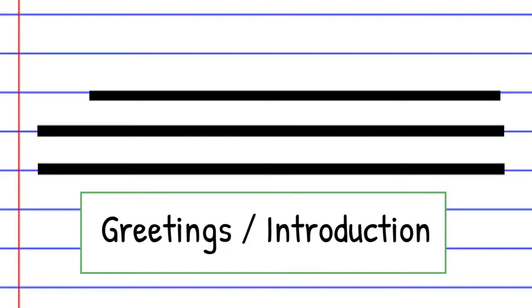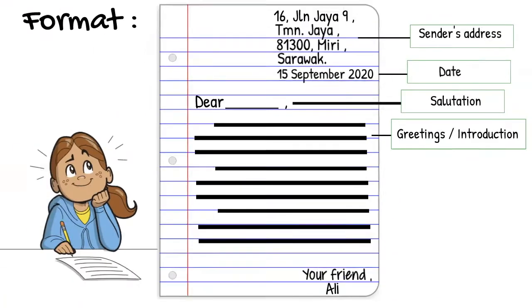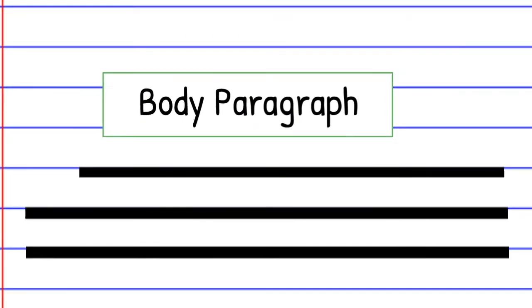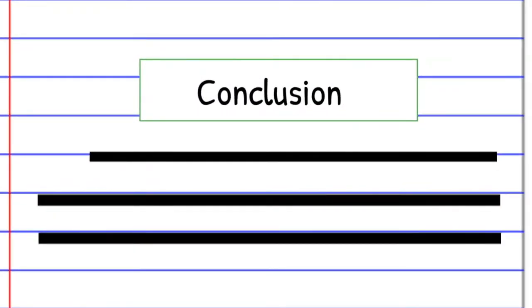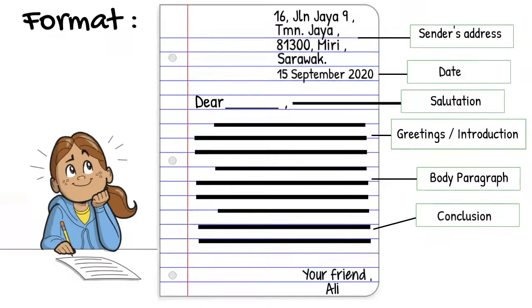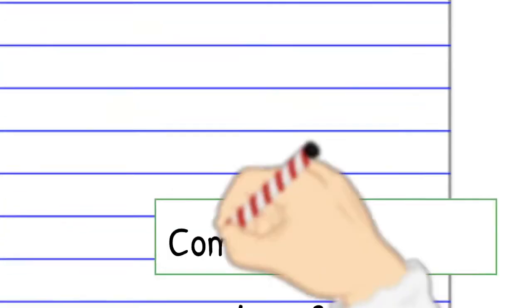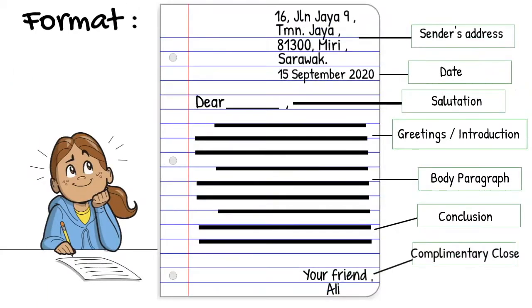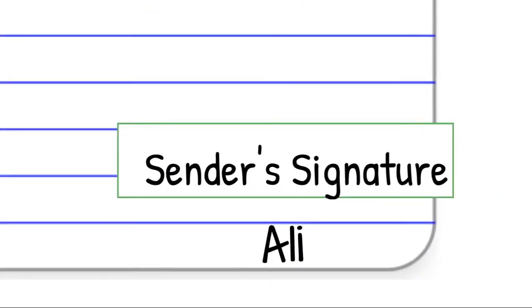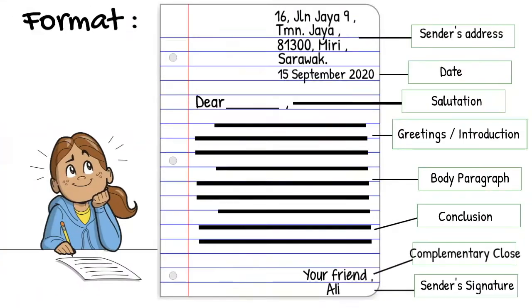Number 4, the greetings and the introduction of the paragraph, body paragraphs. Conclusion. Complementary clause. Lastly, sender's signature.